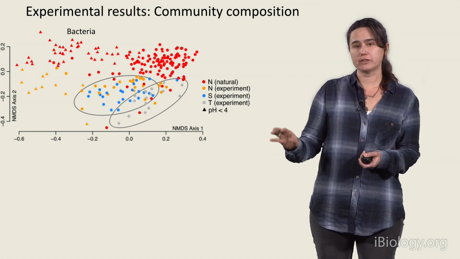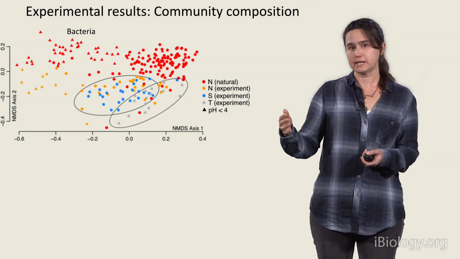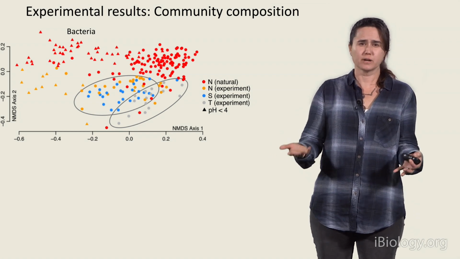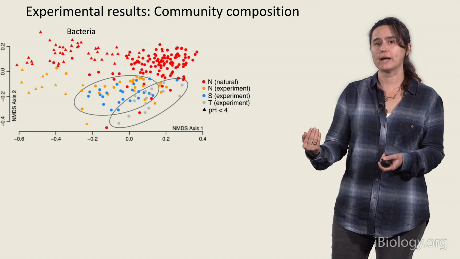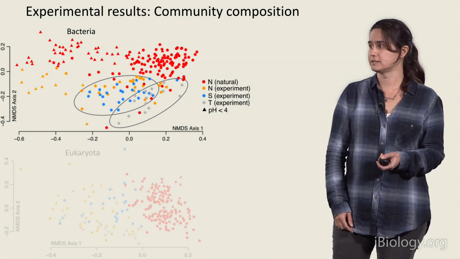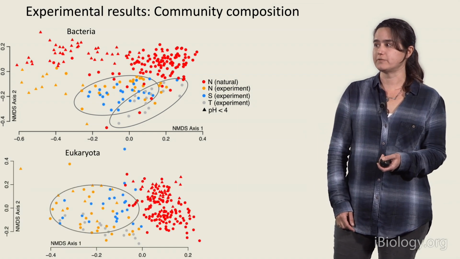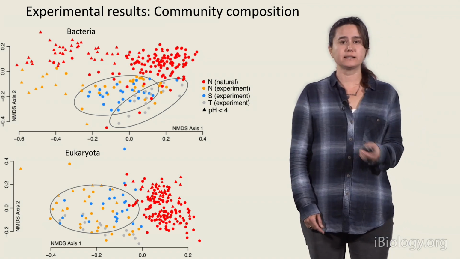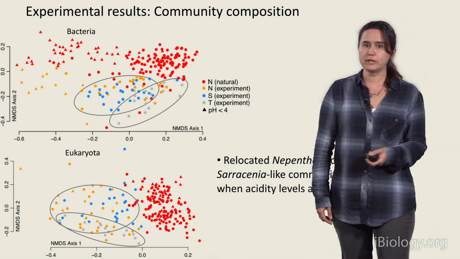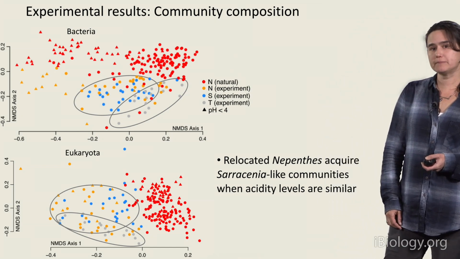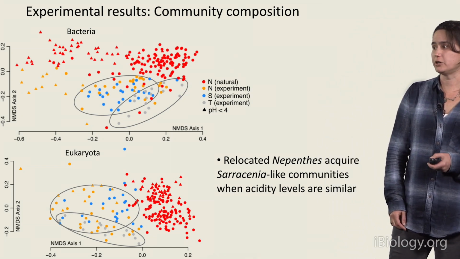And interestingly, the communities that formed inside the test tubes, which is the same kind of shape, a pitcher shape, cluster somewhat away from the Sarracenia and the Nepenthes. And similar patterns were found in the eukaryotic community, except that it wasn't driven by pH. So the relocated Nepenthes do seem to acquire Sarracenia-like communities when acidity levels are similar, was the takeaway that we got out of that experiment.